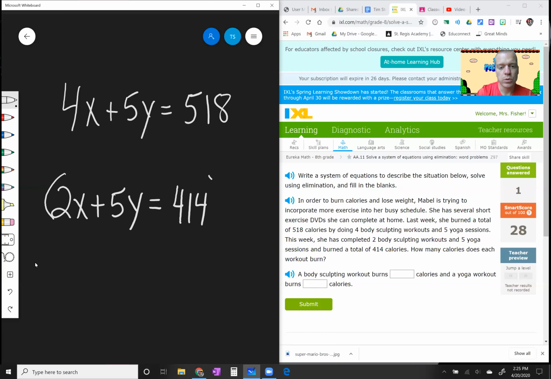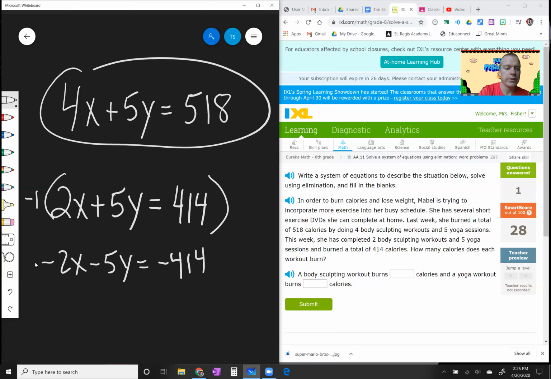So I'm going to multiply this whole thing by -1. Now I get -2x minus 5y equals -414. Okay, I'm going to rewrite this equation down here, and I got 4x plus 5y equals 518.